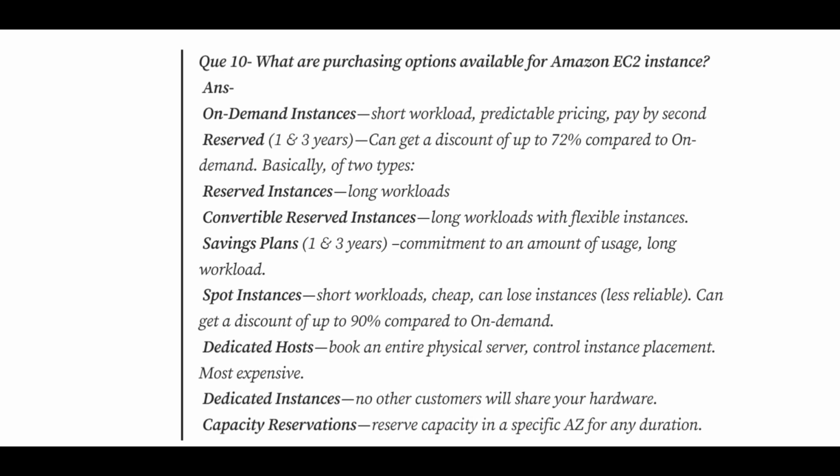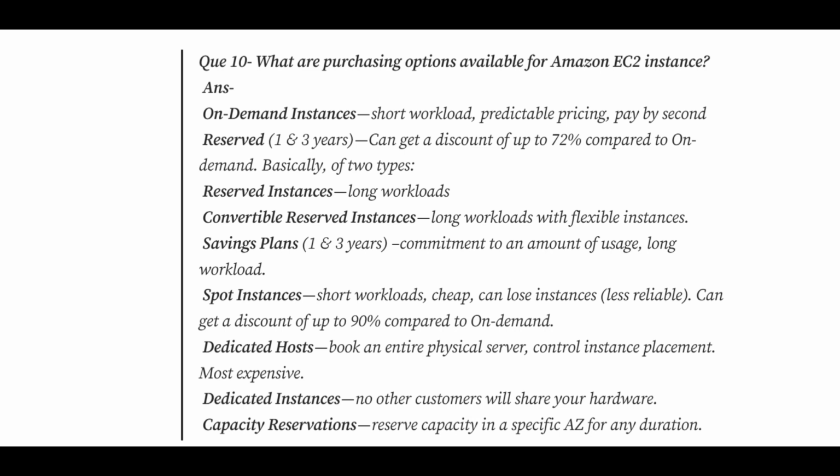Then you have your dedicated host and dedicated instances. Dedicated hosts are your physical servers with Amazon EC2 instance capacity that is fully dedicated to your use. When we talk about dedicated host, we are booking the entire physical server and we control instance placement, hence they are most expensive.